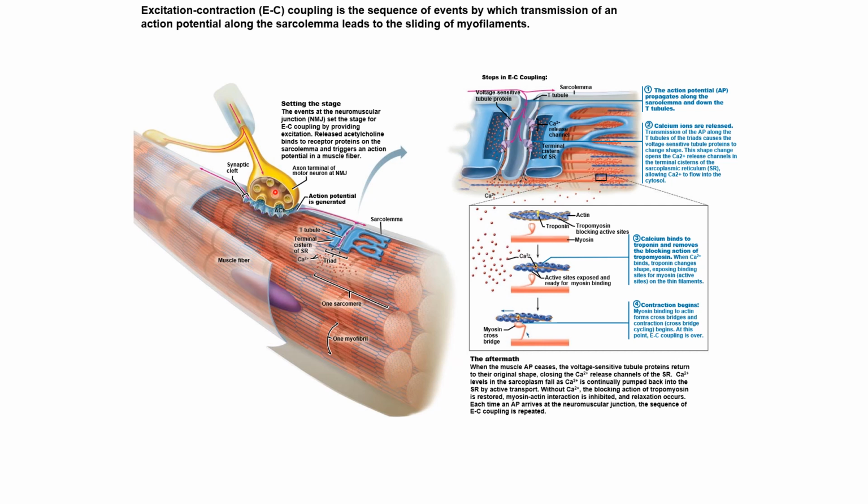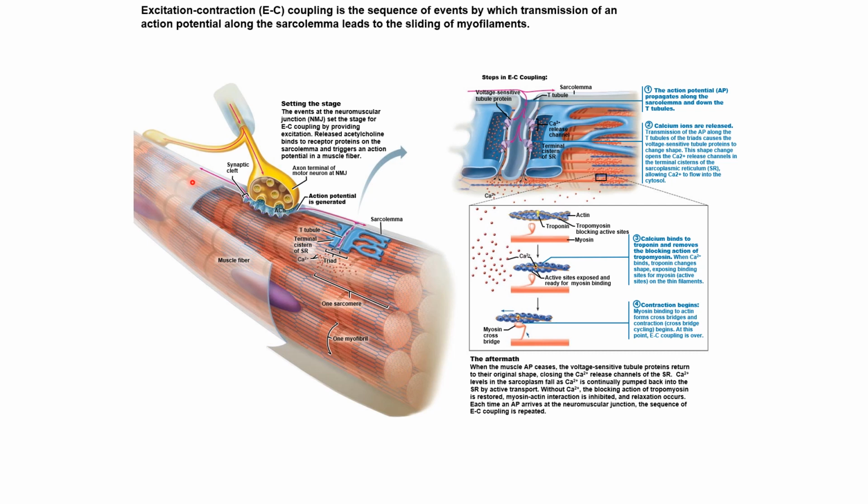So right here you can see the action potential running down to the axon terminal, causing the events that we've just talked about. Acetylcholine gets ejected out. Once it is ejected out, it will bind to the receptors on the surface of your muscle fibers, specifically on the sarcolemma.